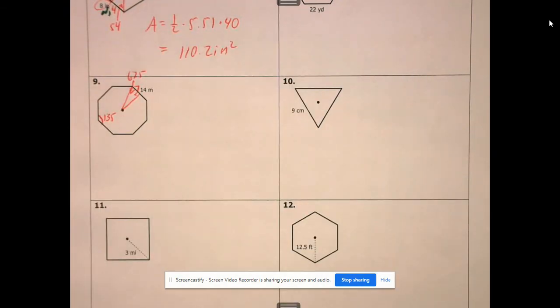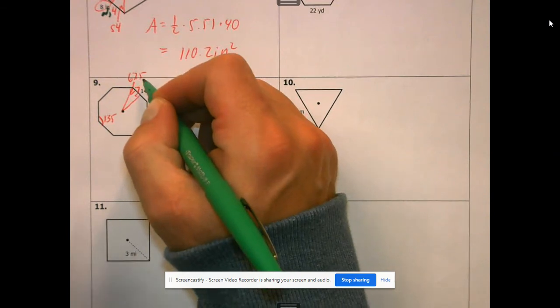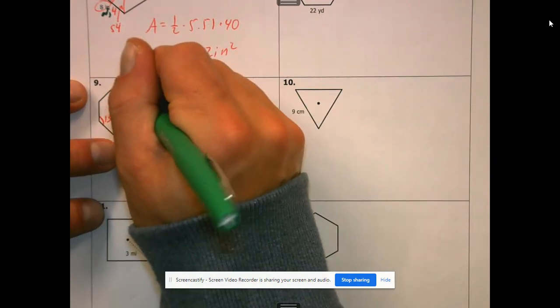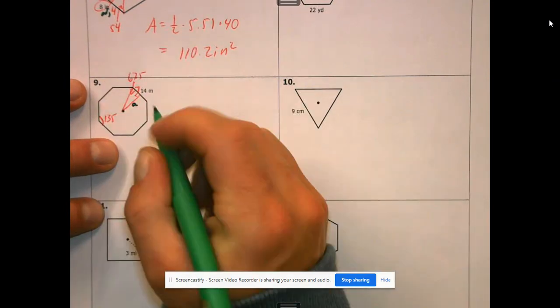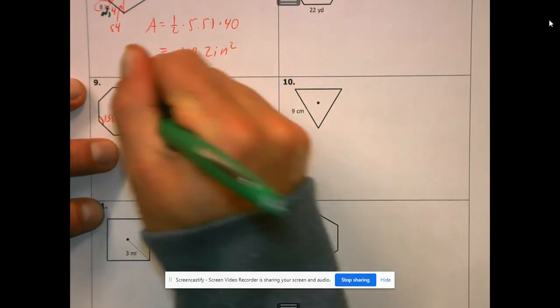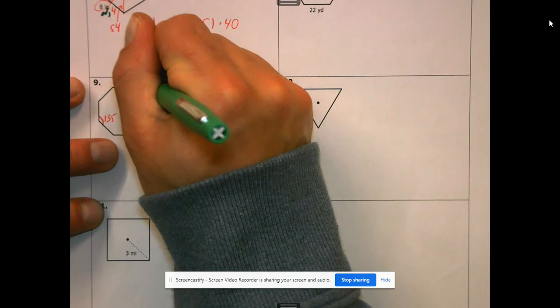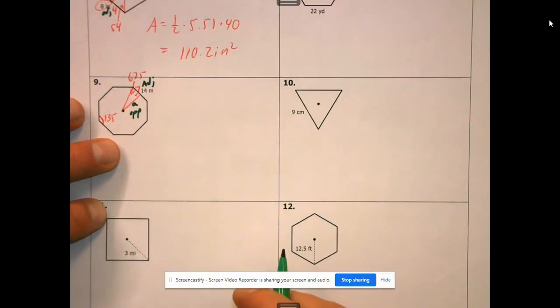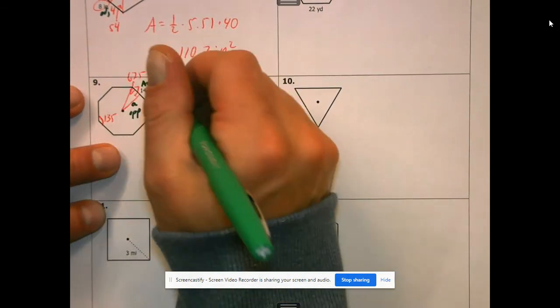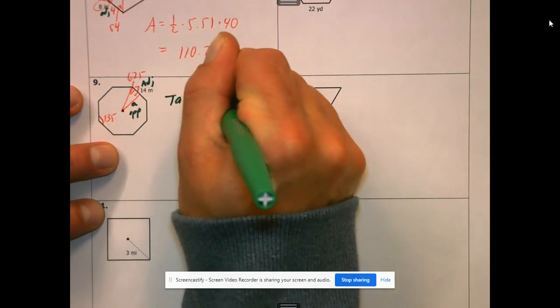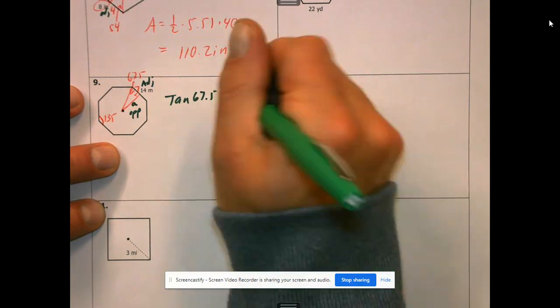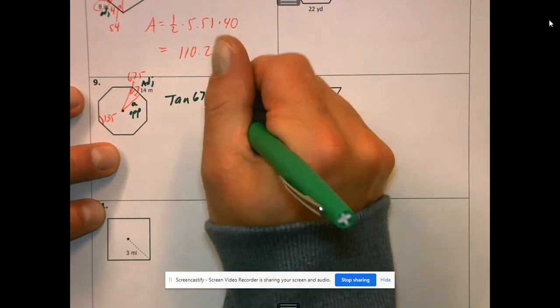Once again, we have to use trig because we don't have one of those special rights. This is our apothem. That's what we're looking for. So this is your opposite piece. The leg next to you is your adjacent. O and the A, you're going to use tangent once again. So tangent of 67.5 equals opposite A over adjacent 7.